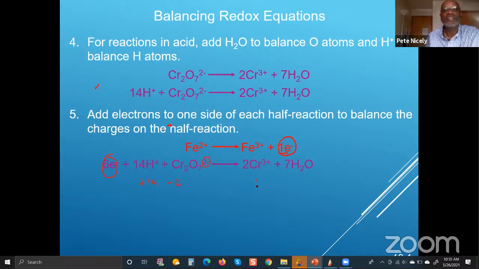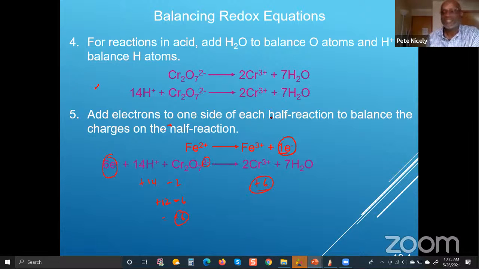And over here, we have a total of plus 6, right? So this gives you a total of plus 12, and we have plus 6 on this side. So in order to get the charges equal on both sides, we add 6 electrons, because by adding 6 electrons, you're adding 6 negative charges to the plus 12, and that will give you a total of plus 6. So the 6 plus charges will balance with the 6 plus charges here, all right?